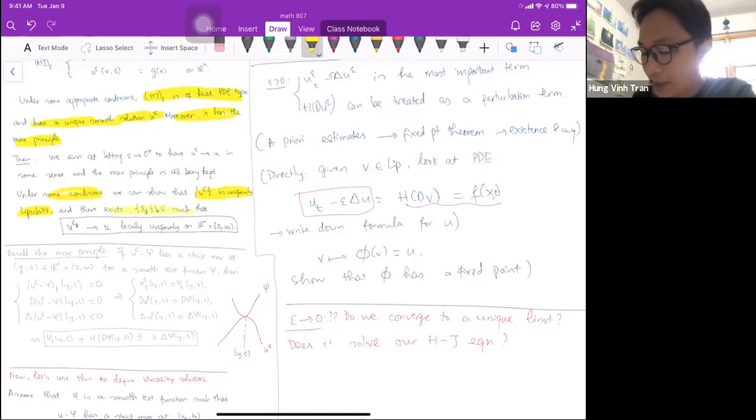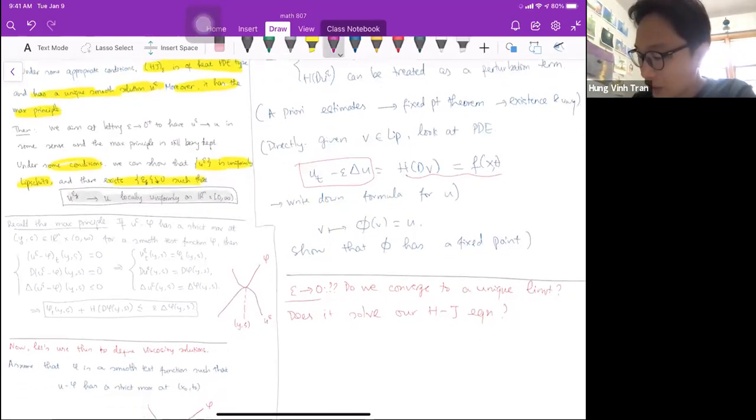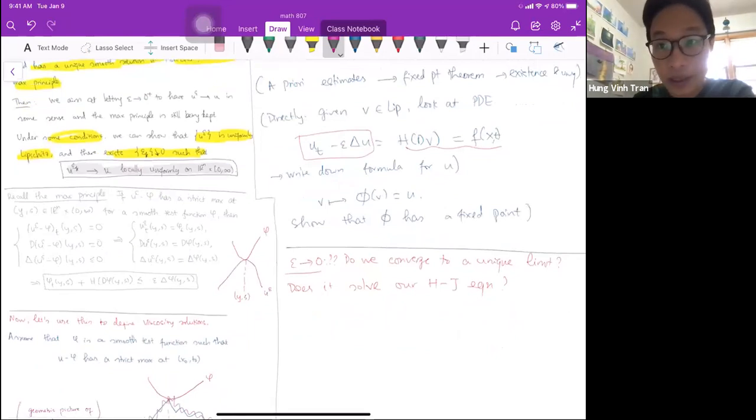And you can find that there exists a subsequence epsilon_k converging to zero, such that U epsilon_k converges to U locally uniformly on R^n cross (0, infinity). Okay.